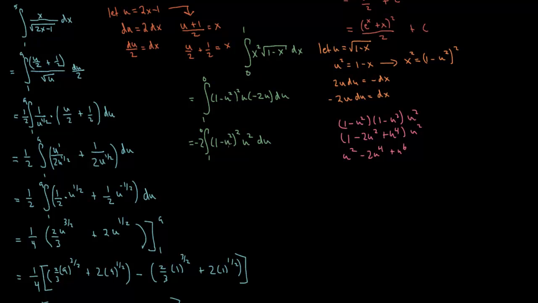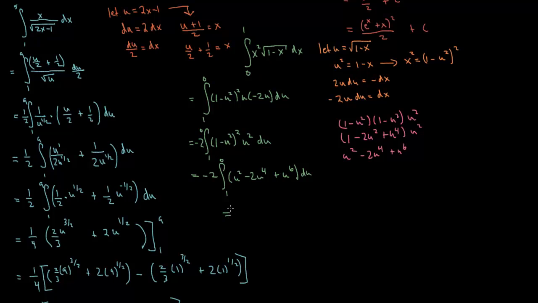So I've just multiplied the integrand so I can rewrite it, and we have negative 2 times the definite integral from 1 to 0 of u squared minus 2u to the 4th plus u to the 6th, all times du. All right. Now, we know that we can take the antiderivative of each of these items individually before we apply the fundamental theorem of calculus.